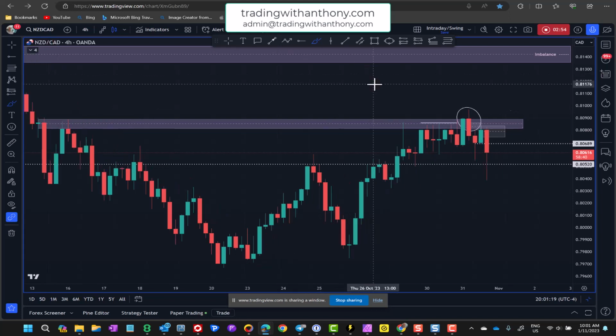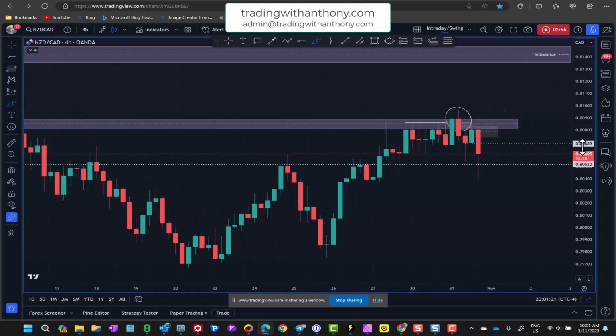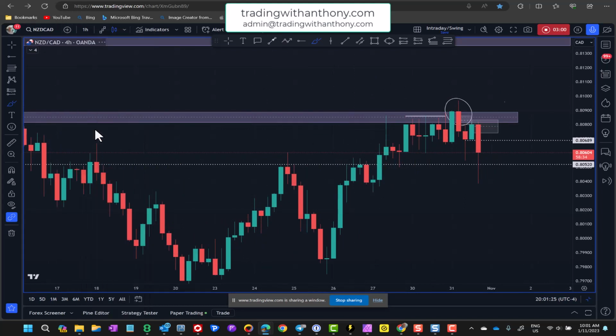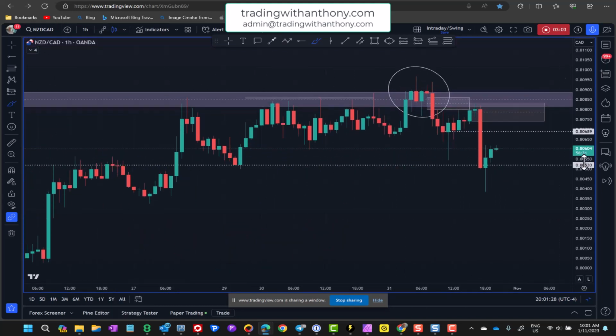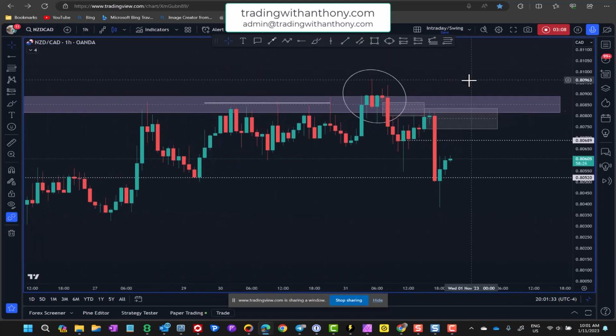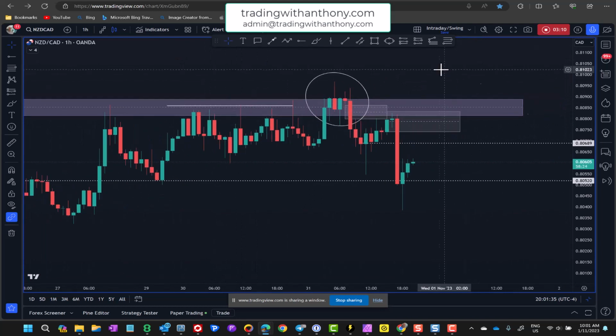So if you're going for a day trade opportunity, let's just go down to the 1 hour and then we'll go back out and we'll have a look at it from the higher time frame. As far as a day trade opportunity goes, this price action, I like it. The pullback up into these lows here would give me an entry.